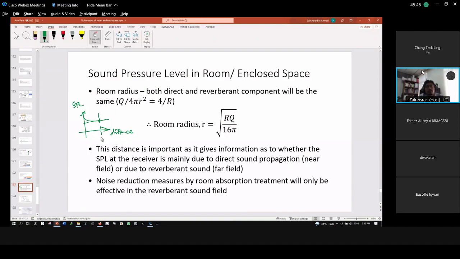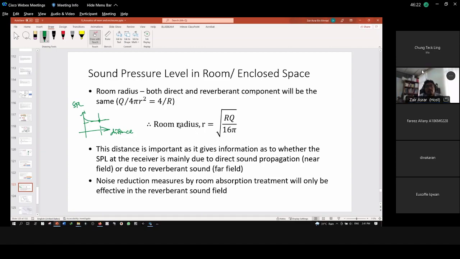We can calculate the room radius by equating the density of the direct field with the density of the reverberant field. Based on this, we can calculate r, the room radius or distance from the sound source, equals the square root of RQ over 16 pi. Knowing this, we can tell whether the sound pressure level is affected by direct sound or by reverberant sound.